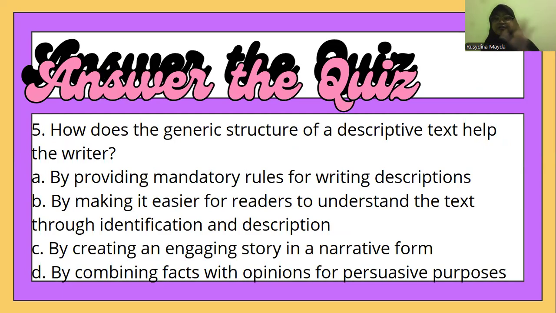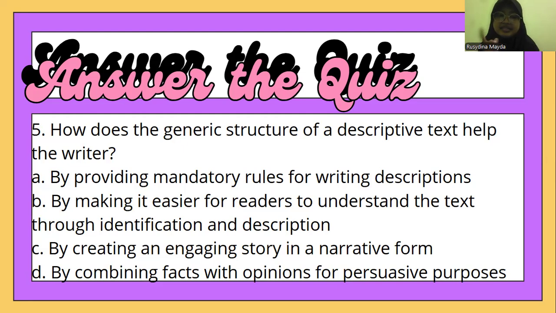Number 5 question is, how does the generic structure of a descriptive text help the writer? A. By providing mandatory rules for writing description. B. By making it easier for readers to understand the text through identification and description. C. By creating an engaging story in narrative form.